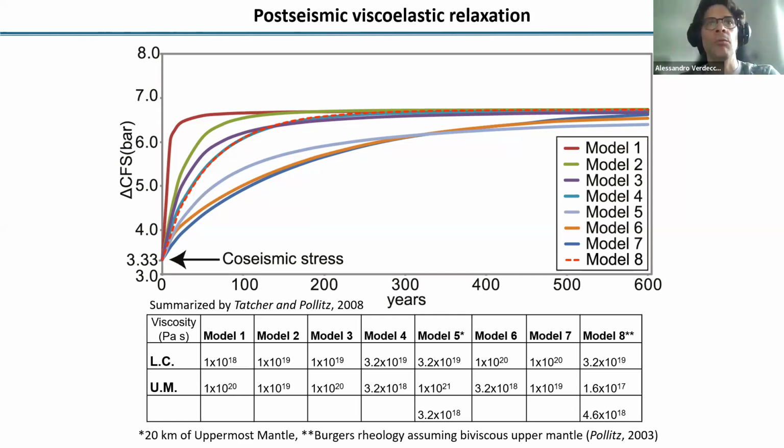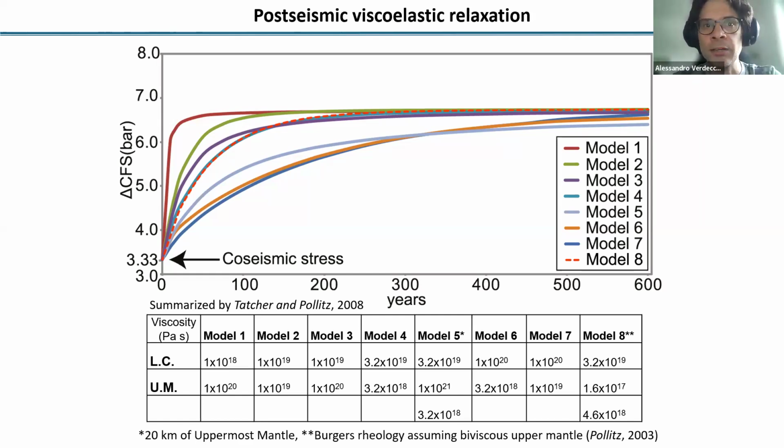The main message I want you to take from this plot is that from an initial coseismic stress, which was around 3 bar, we reach in time a value which is double, basically, the initial coseismic stress. We go up to 6.5, 6.3 bars. How quickly we reach that value strongly depends on our models, on our viscosity values.